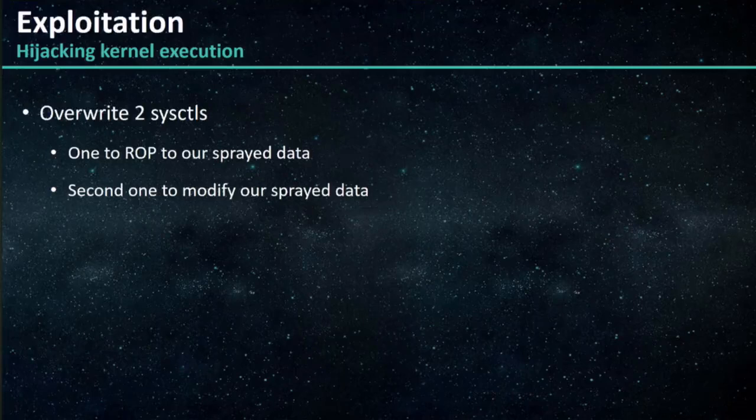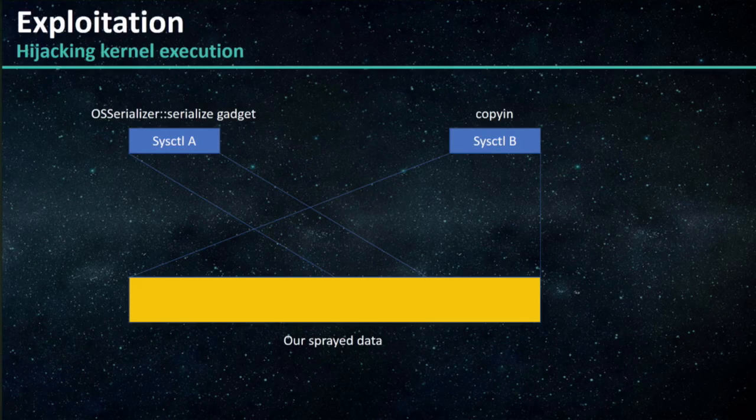So once we establish a successful single write, I want to be able to establish as many read-writes as possible. The way it looks is that I have 2 sysctls. The first one of them overrides our sprayed data, which resides in the kernel. So we overcome the SMAP or PAN mitigation.